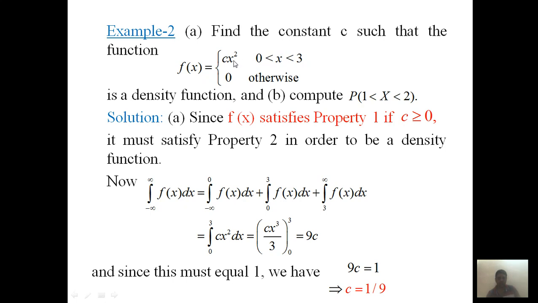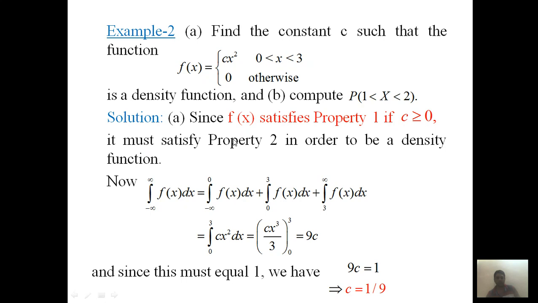Suppose x is 0, then f(x) is still 0, so it's including the greater than or equal to case. But here we have to place a restriction on c, because it's already given that c is such that f is a probability density function. So definitely c is greater than or equal to 0.